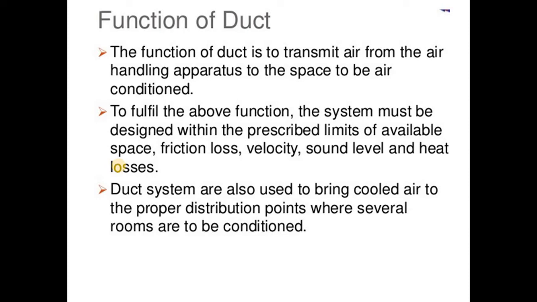The duct system is also used to bring cooled air to the proper distribution point where several rooms are to be conditioned. It happens mostly in shopping malls and restaurants, and similarly in hospitals, where the temperature requirement is different in different sections.